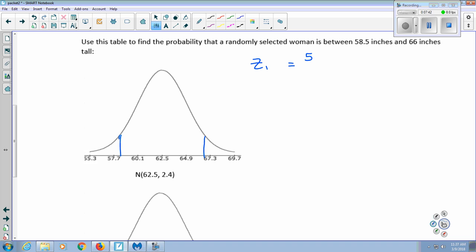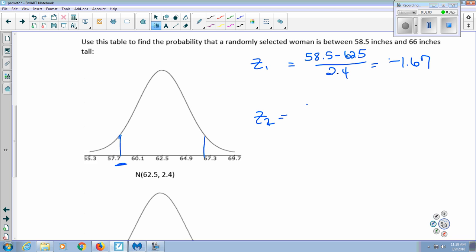So 58.5 minus 62 all over 2.4, our standard deviation, gives us negative 1.67. Again, rounding to the 100th and expecting a negative number because we're less than the mean over here.